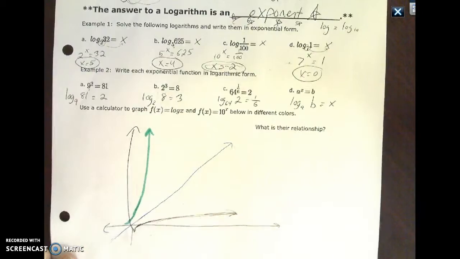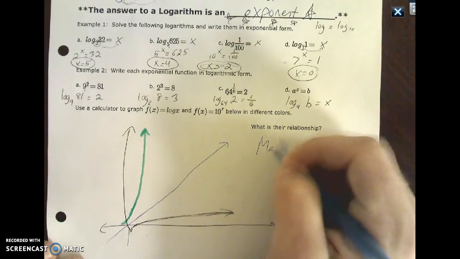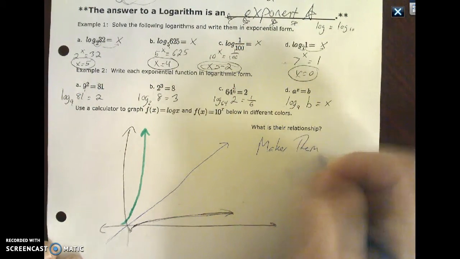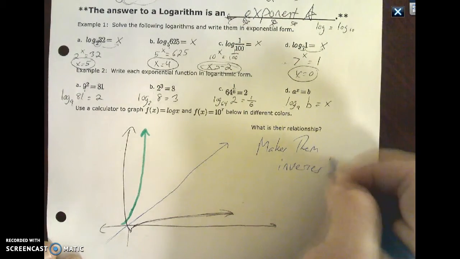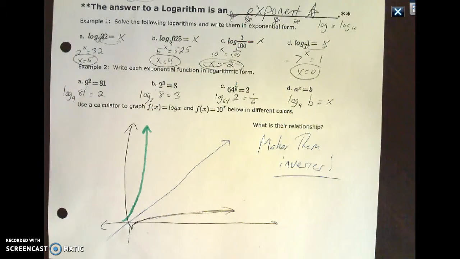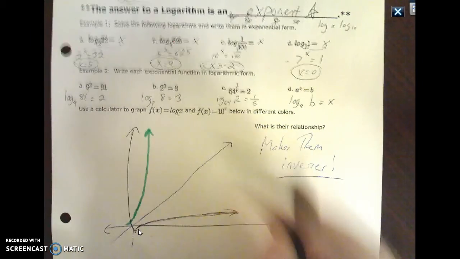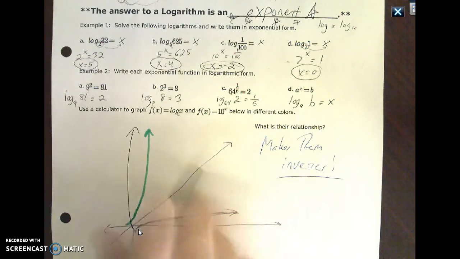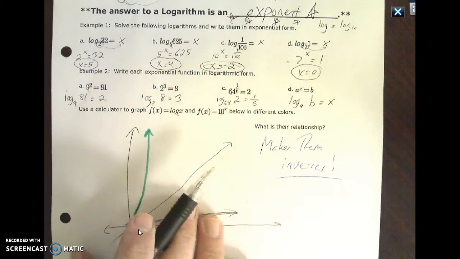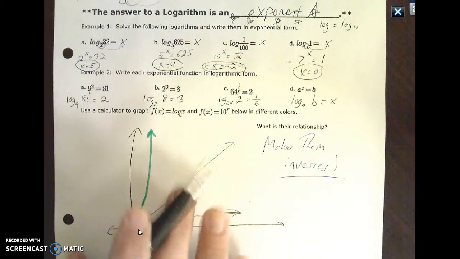Well, what does that make them? That makes them inverses. Okay? They are inverses of one another. And this is again proving my point. I have log base 10 down here, okay, and it's 10 to the x, so they are inverses of one another. Important to point out. We're going to talk about that in more detail with different bases.